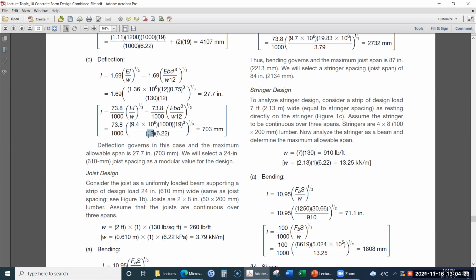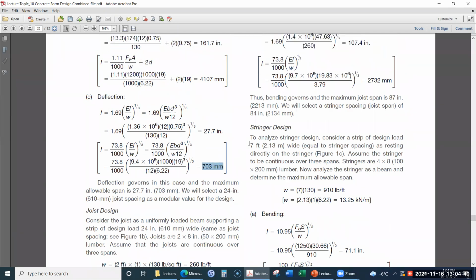So that formula has been used directly over here: 1000 into h cube over 12, divided by 6.22, and then power 1 by 3. So it was 703 millimeter.